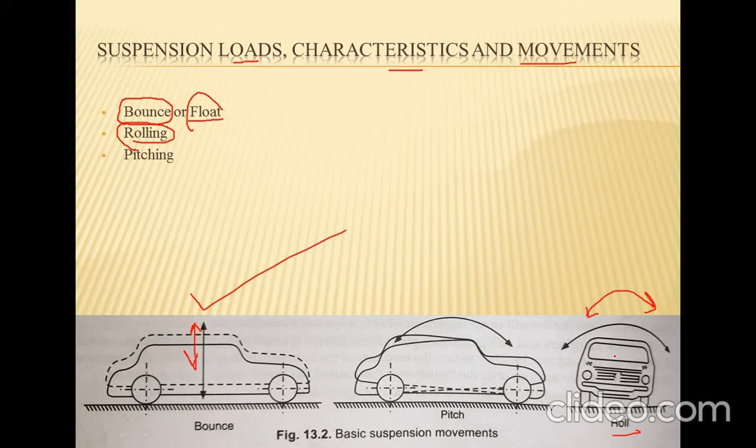When the vehicle is made to take a turn, the road resistance acts inward at the wheels, while the centrifugal forces act outward at the center of gravity of the vehicle. These forces result into a couple which turns the vehicle about longitudinal axis.